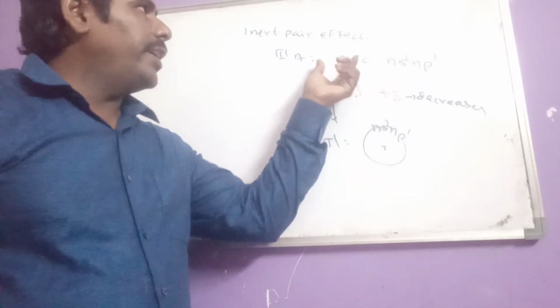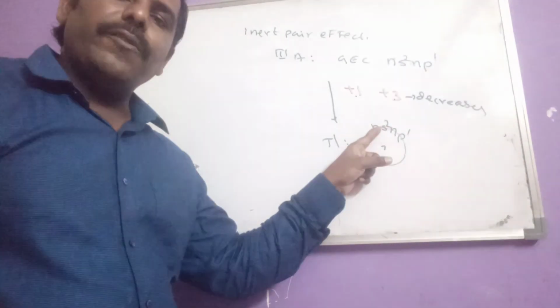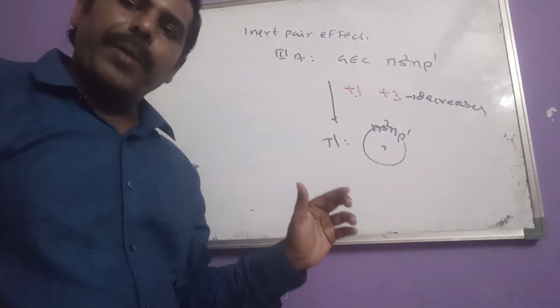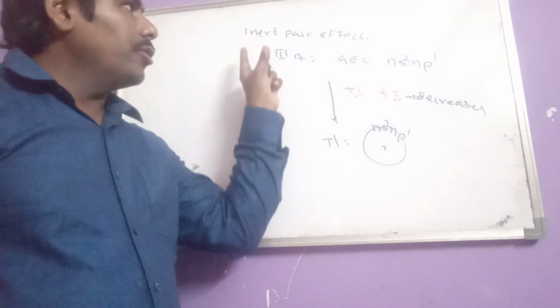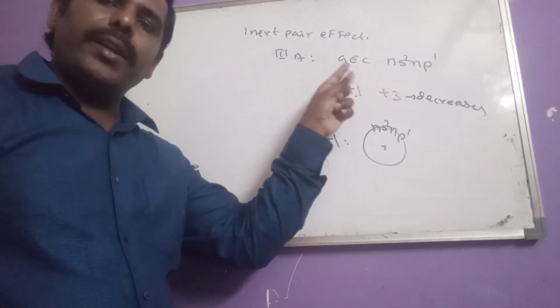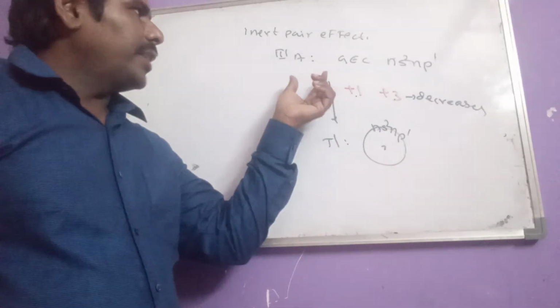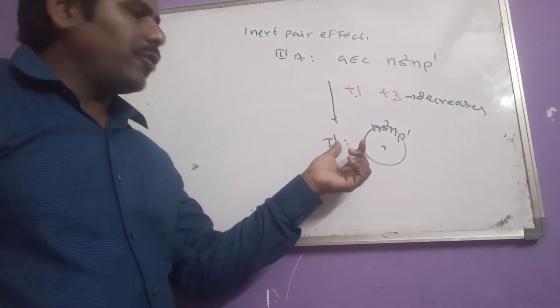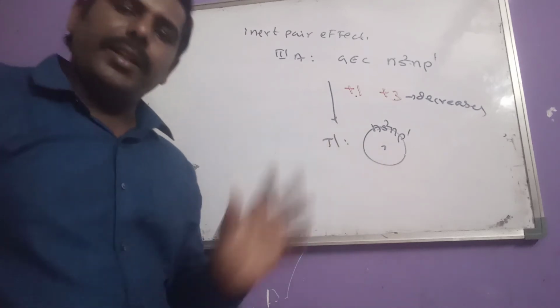So what is the definition of inert pair effect? The reluctance of the s orbital electron pair to participate in bonding is known as inert pair effect. So due to inert pair effect, thallium exhibits +1 as a stable oxidation state but not +3.